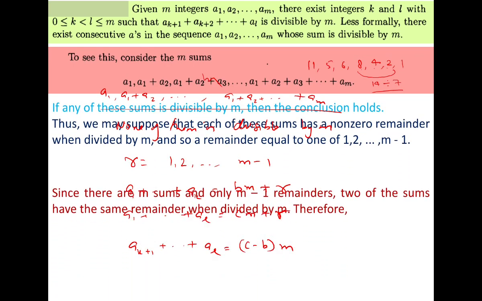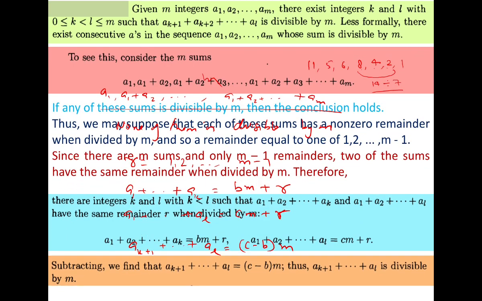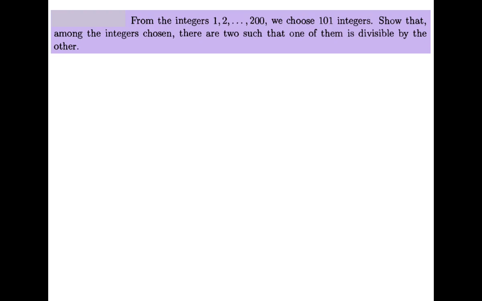So let's try one more question based on the pigeonhole principle. Consider the integers from 1 to 200. Among them choose 101. Now among the chosen there are two such that one of them is divisible by the other. Yes, so again you have to use the pigeonhole principle.